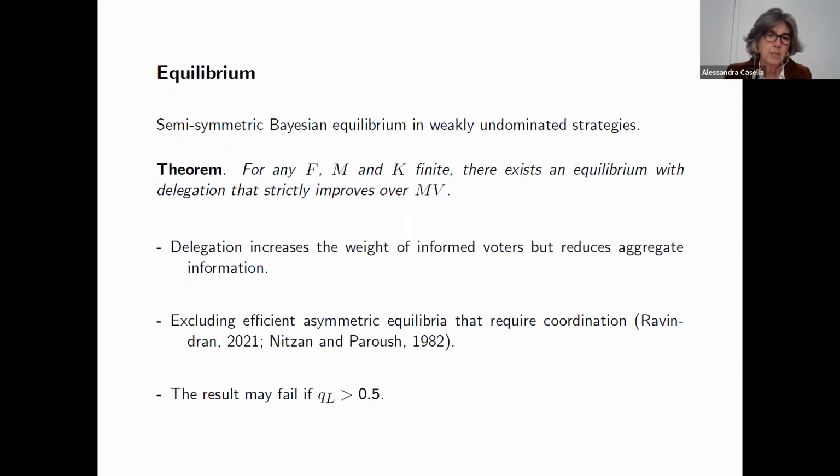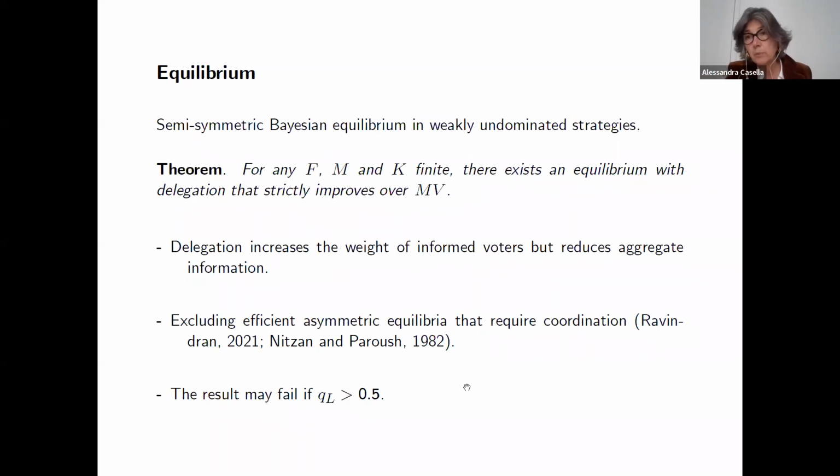The third reason is that the result need not hold if the lower bound of the precision of the non-experts is higher than 0.5. QL is the lower boundary of the precision of the non-experts; the distribution F(q) goes from QL to P. QL equal to 0.5 is sufficient to give you the theorem.